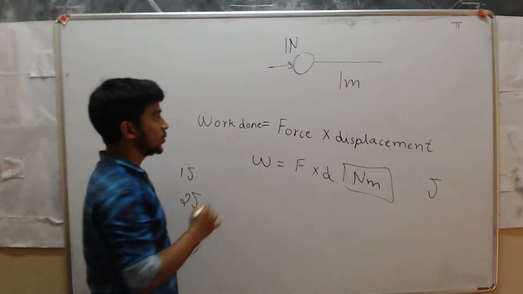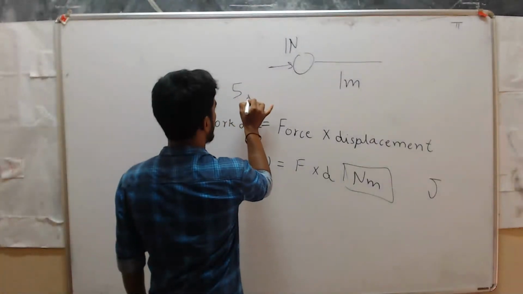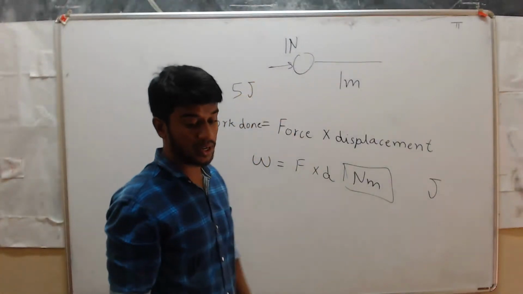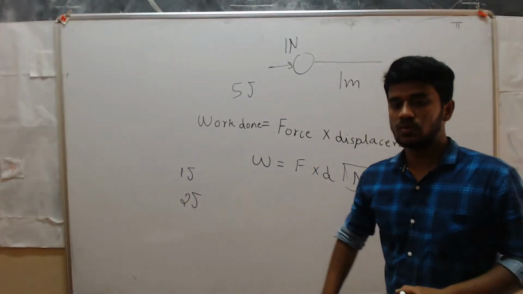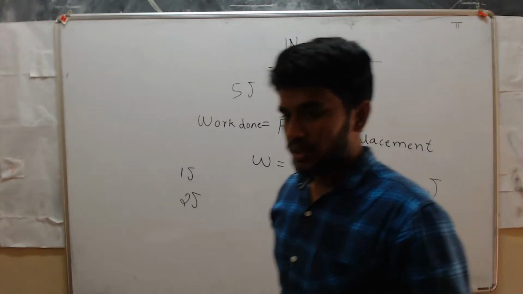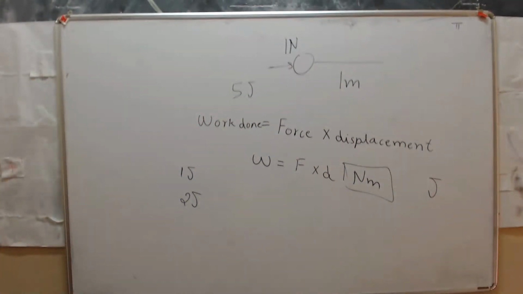Now tell me, what is the meaning of 5 joule of work is done? Sangeeta, you answered 1 Newton and 1 kg. It's completely wrong.